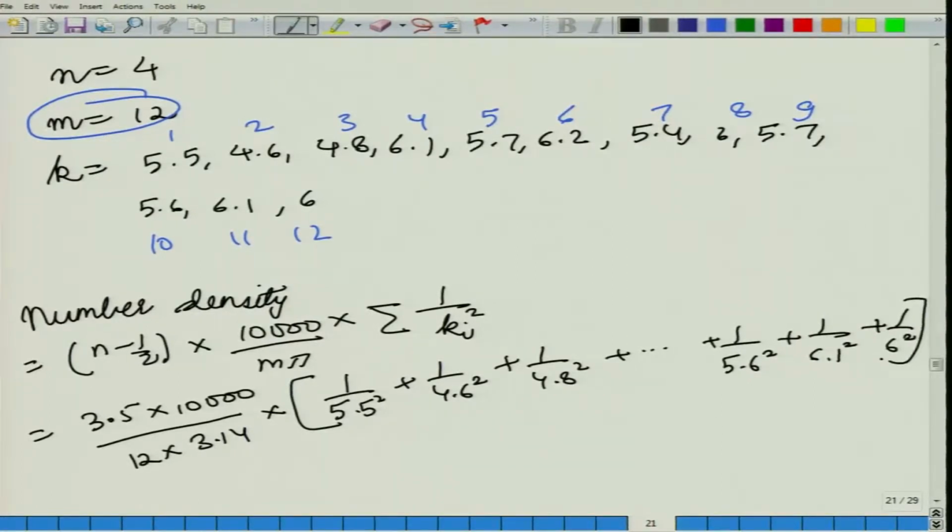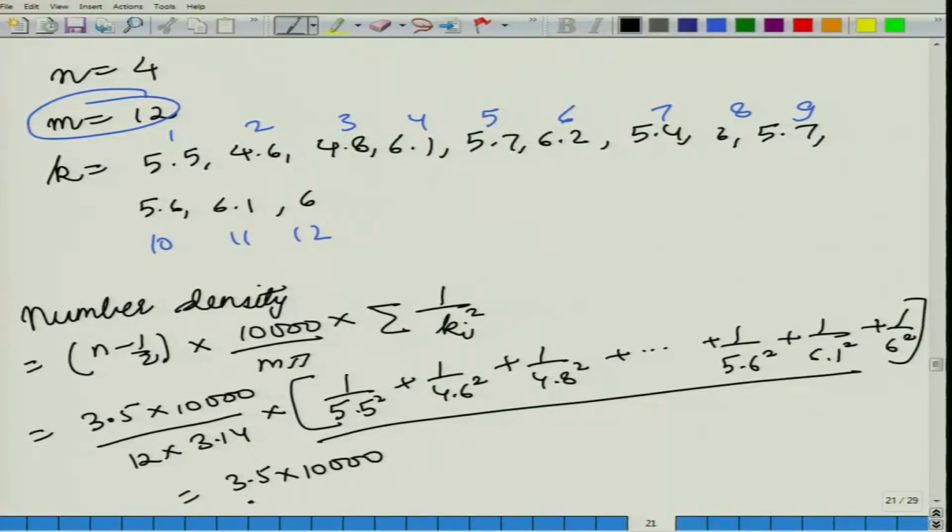Now, in all probability your calculators will not be able to calculate this whole value. So what you will be doing is taking the values one by one. So we will have 3.5 into 10,000 upon 12 into 3.14, and then you calculate these values, 1 over 5.5 square.